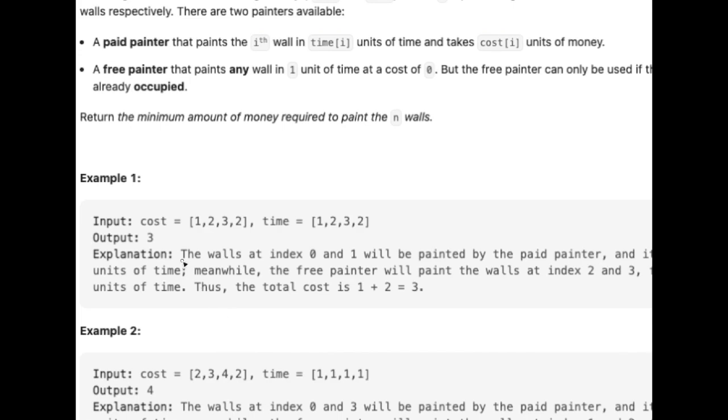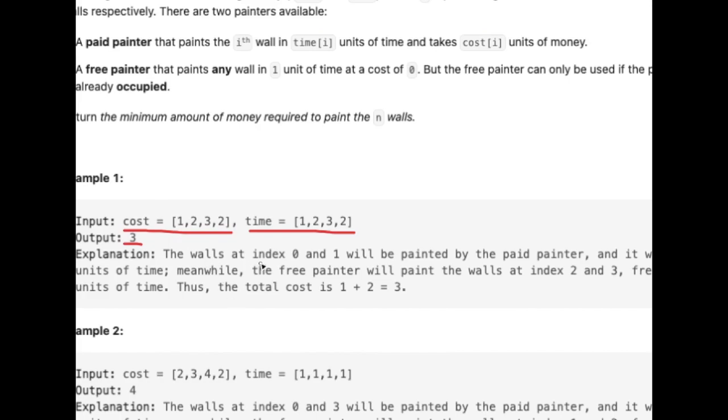In the first example, the cost is 1, 2, 3, 2, and the time is 1, 2, 3, 2, and the answer is 3. Why? Because there's one arrangement. We're going to let the paid painter paint the 0 and 1 indexed walls. Those two will be our cost.